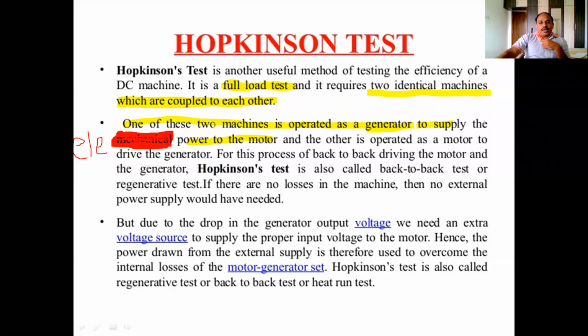On the other hand, the motor drives the generator. That means the DC motor gives mechanical power to the generator, and the generator gives electrical power to the motor.